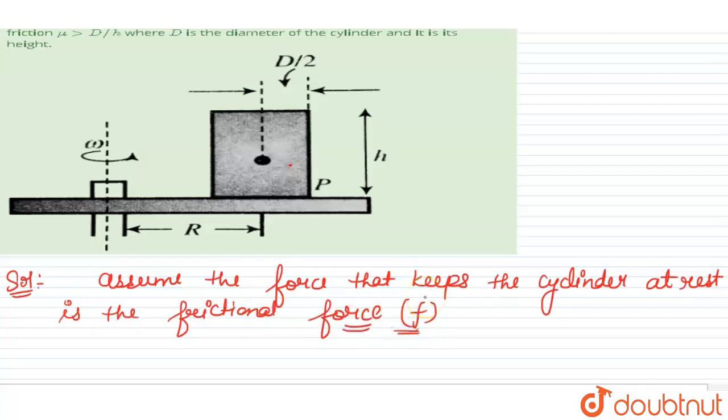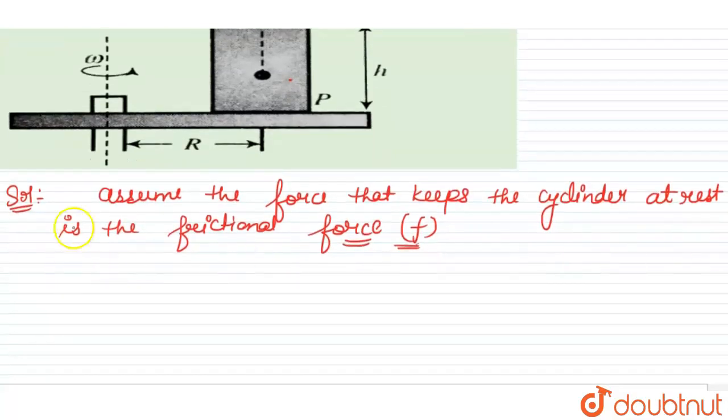Okay, first condition. And second, there is also a pseudo force. Whenever the disc is rotating, the centripetal force will be in action. We know whenever a disc rotates, there is a centripetal force whose direction is towards the center. So it will act as a pseudo force on the cylinder.